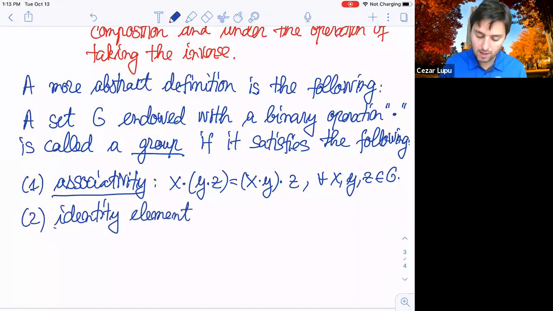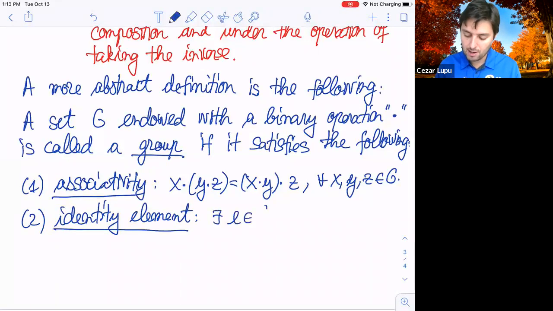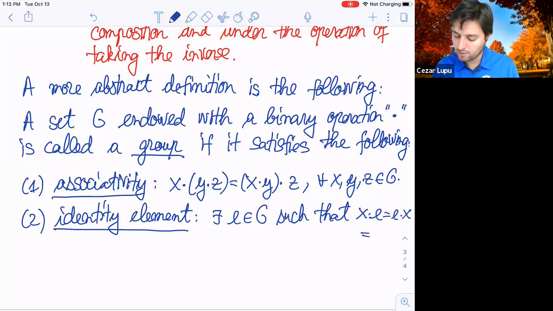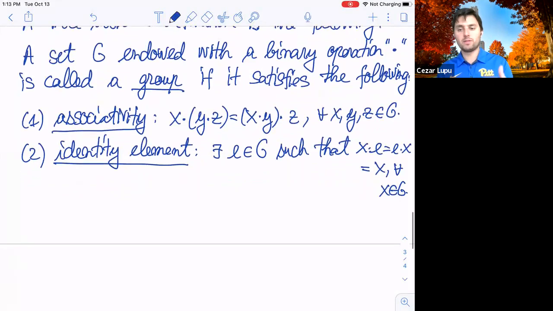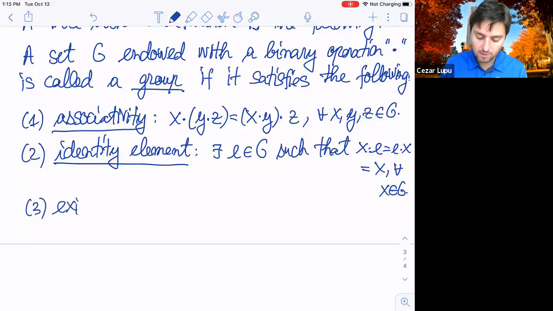So you see in a group, you have much more freedom to operate with elements. In other words, there exists an element E in G such that x dot E is E dot x and is the same as x for all x in G. Usually we don't put this dot.